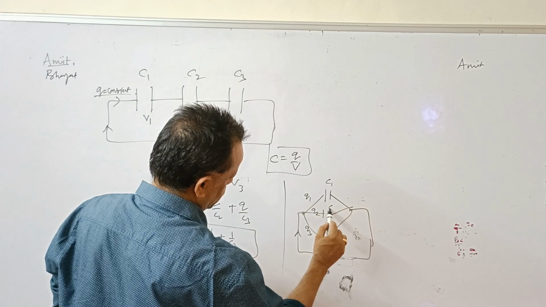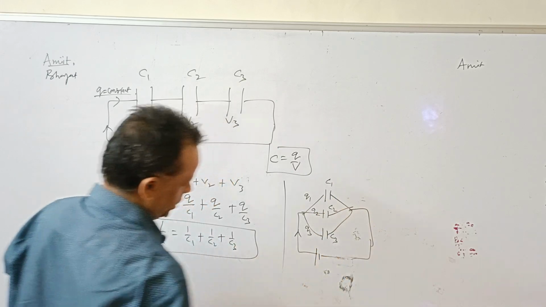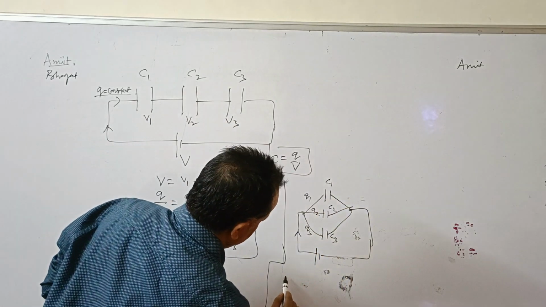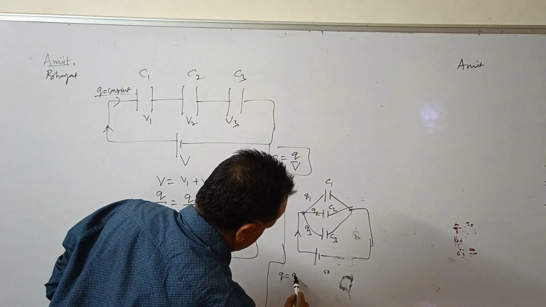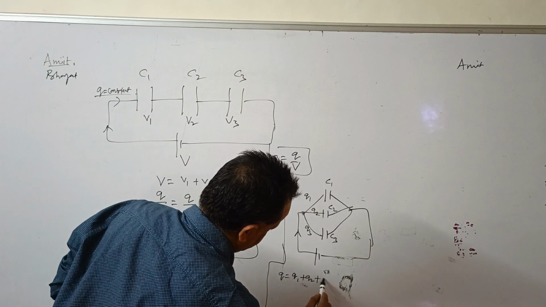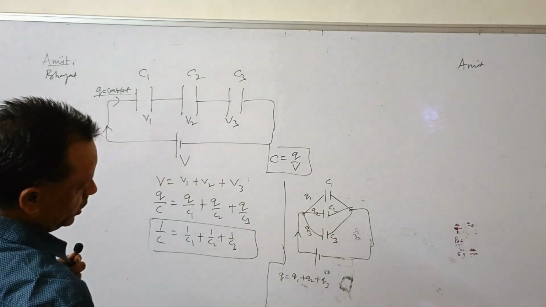This is capacitor C1, C2, C3. There is a distribution of charge, Q1 plus Q2 plus Q3.